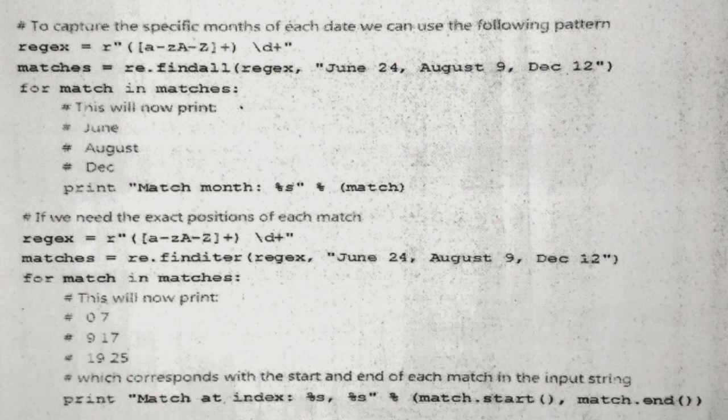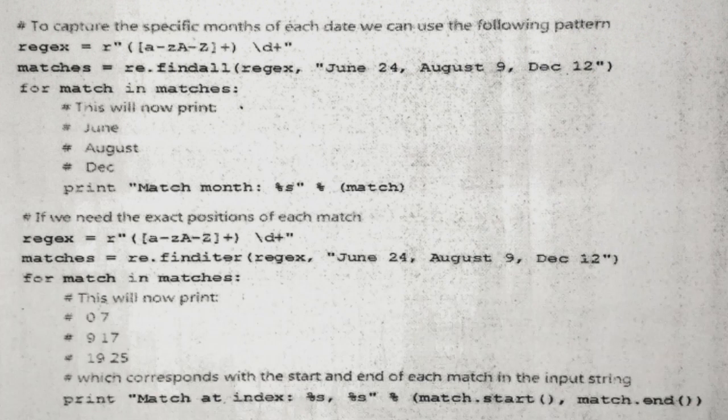Now the next one, again we are having the same thing: A to Z and plus, and then \d plus. So in this example, what we want to display is the exact position of the result.